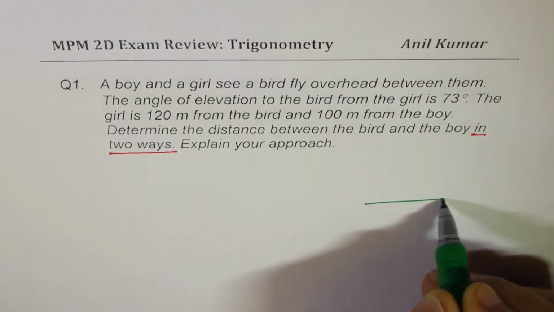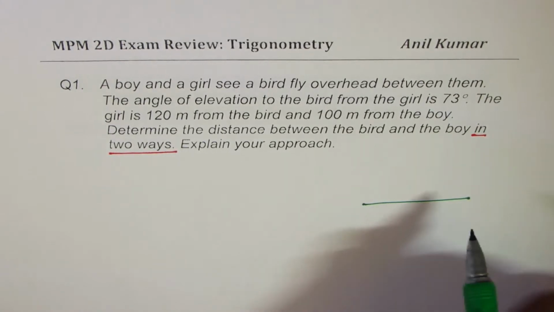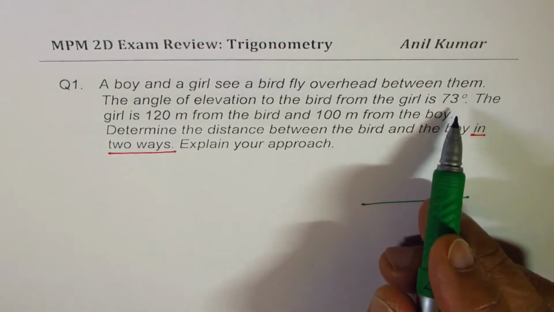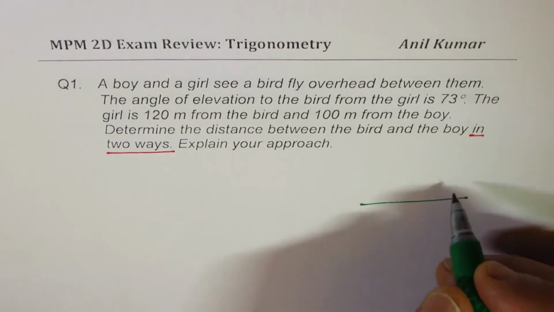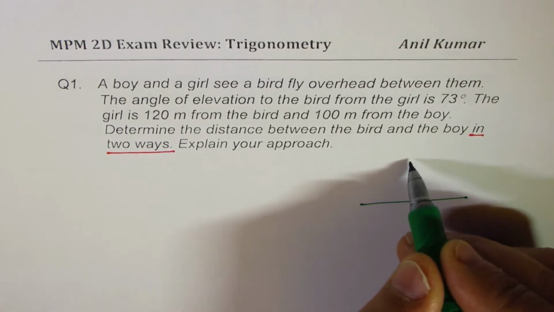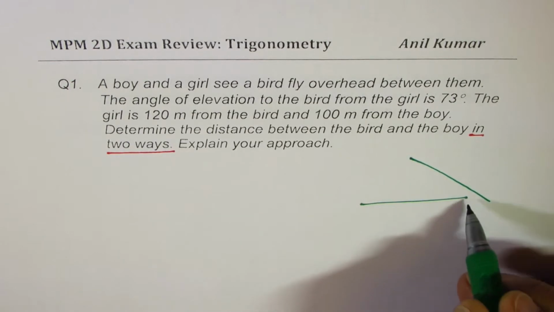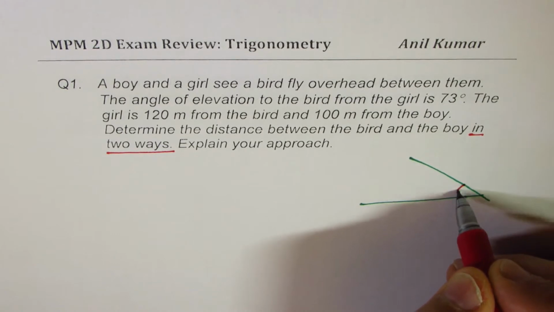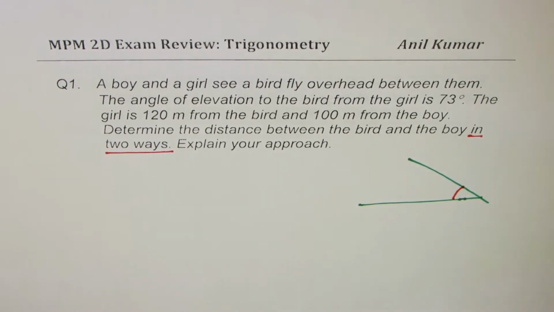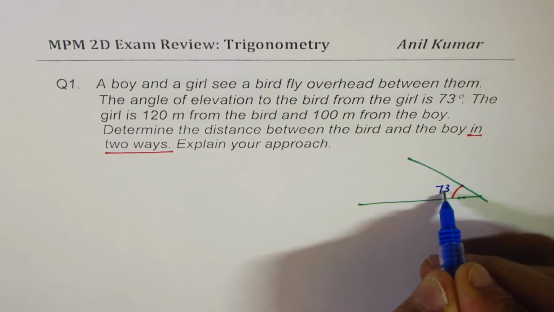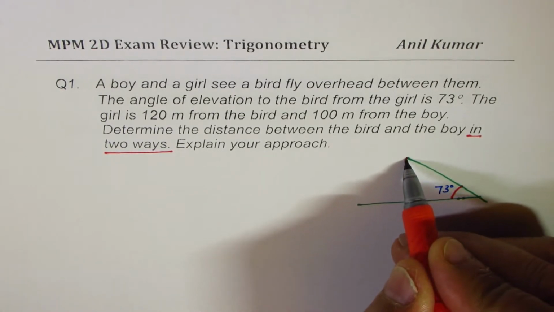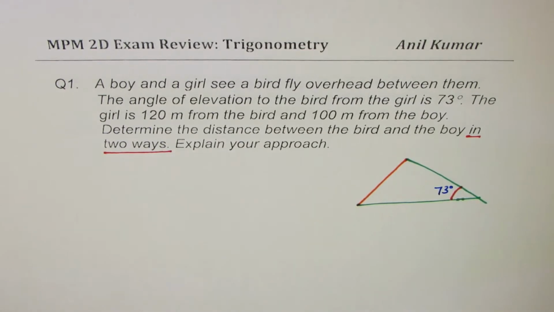So let's say a boy and a girl are there. Now we are given that the angle of elevation, from the ground to the bird from the girl, is 73 degrees. So let's say this is the angle of elevation. Let me extend this. So this angle here is 73 degrees. What we need to find is the distance from the bird to the boy.